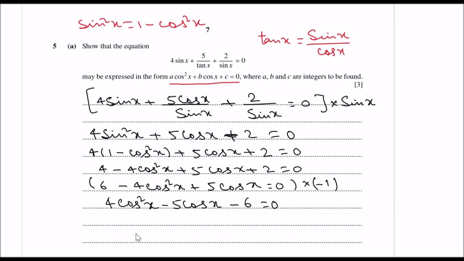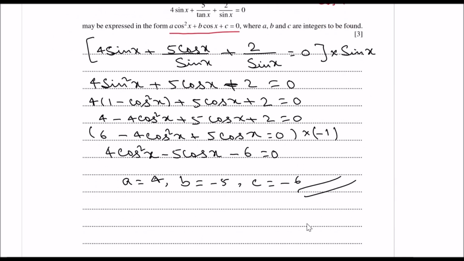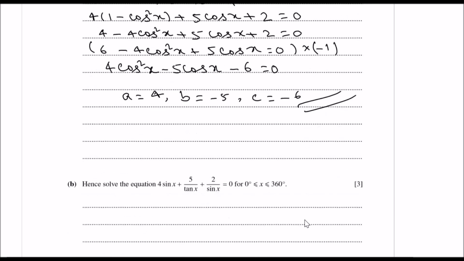So that is done. Now we got here a equal to 4, b equal to minus 5 and c equal to minus 6. So this is the answer we wrote in the required form. Okay.